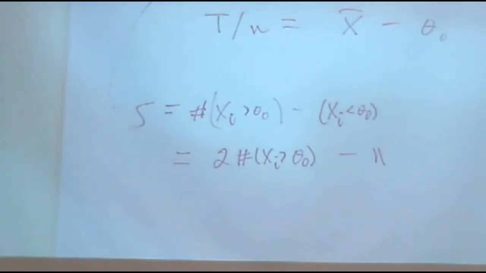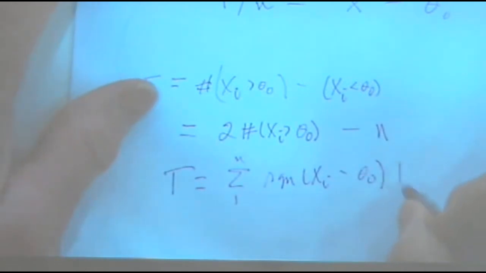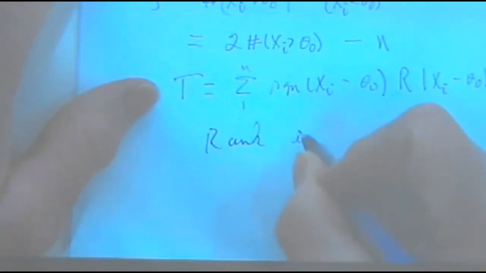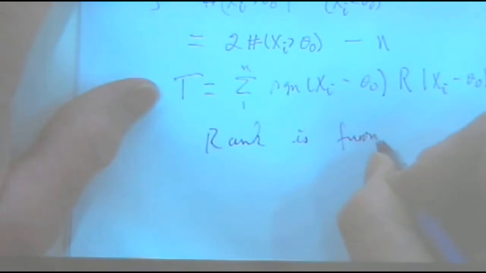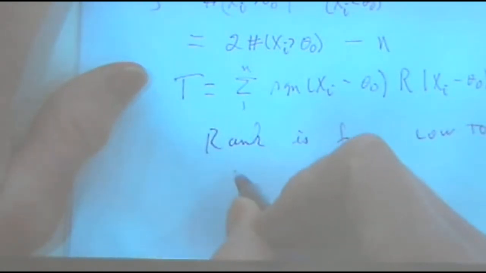I'm using T. It is low to high, one to 10, and it's on the absolute value.